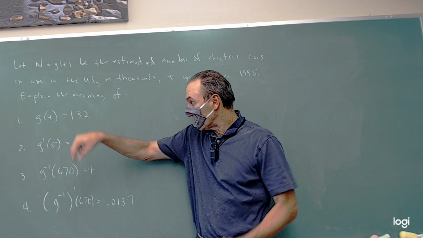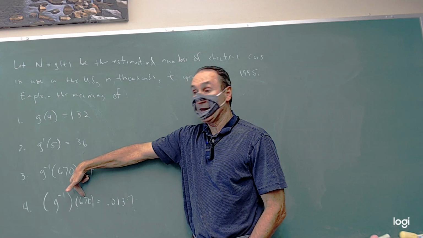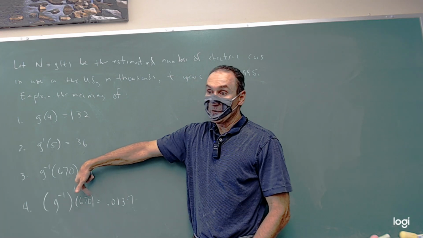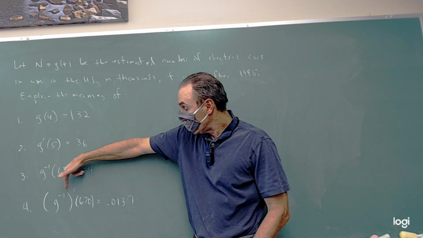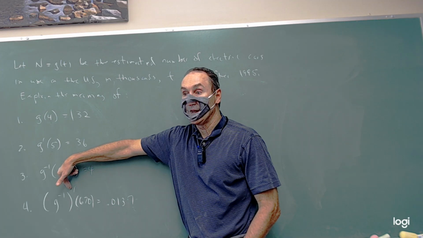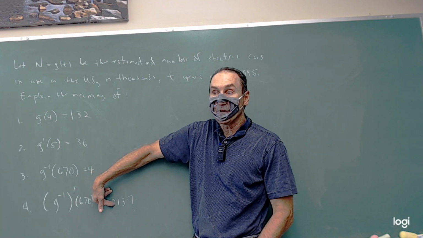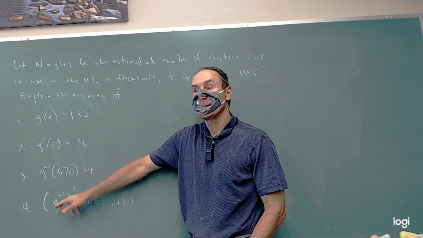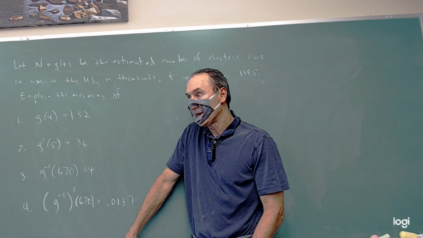So think of units. We input years, we get out thousands of cars. Now we're inputting thousands of cars and outputting time in years. So we're doing a rate of change in years per car. How many years per car is it going to take to increase the number of cars on the road?